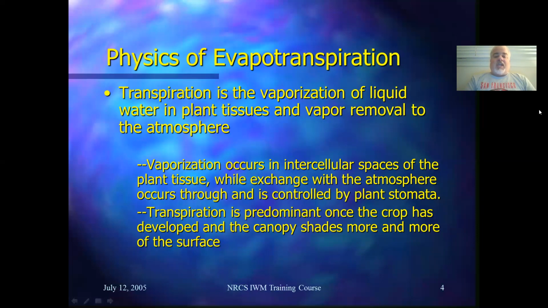Vaporization occurs in the intercellular spaces of the plant tissue, while exchange with the atmosphere occurs through and is controlled by plant stomata. Transpiration is predominant once the crop has developed and the canopy shades more and more of the surface of the soil.